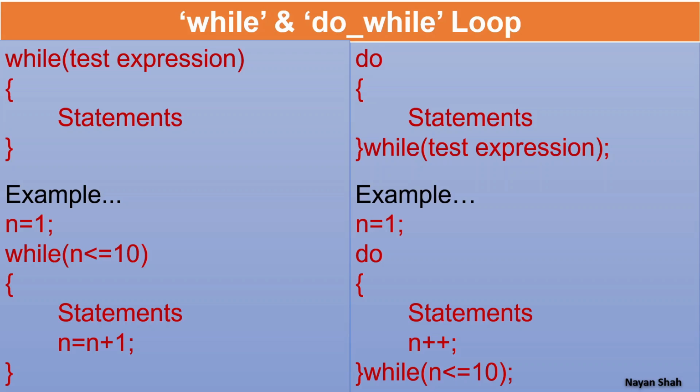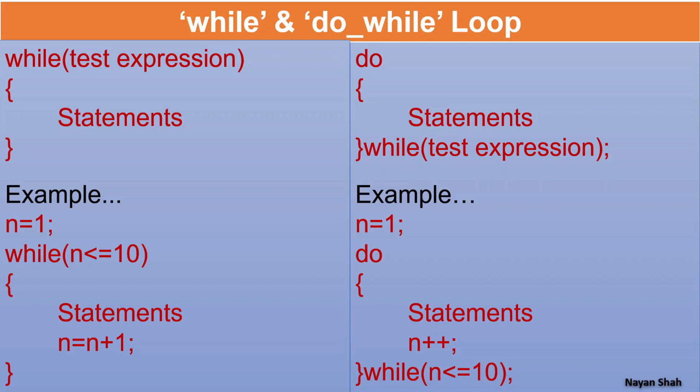But if it is true, as in this case n is equal to 1, it goes inside, executes all the statements, and there has to be one statement which changes the value of n, which is n is equal to n plus 1, which will increase the value of n by 1.